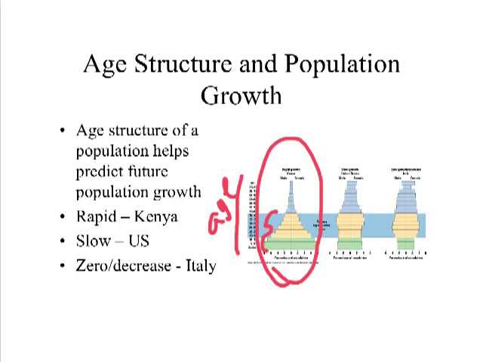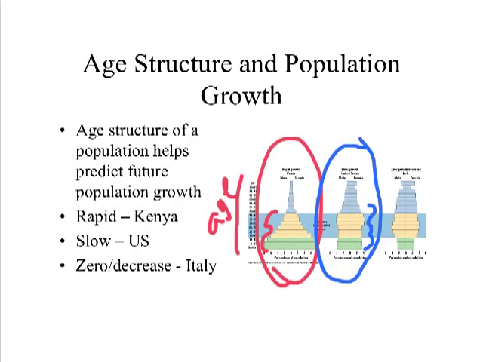The United States, on the other hand, is like this, where we have very slow population growth, where we have this stabilizing number of people throughout the ages. We've got about the same number of adults as we do kids, and so it's going to be very small or slow growth in the United States.